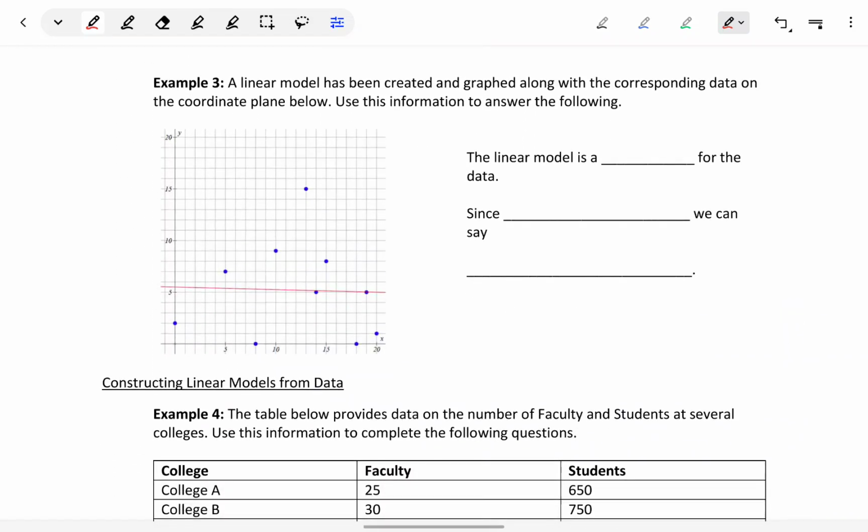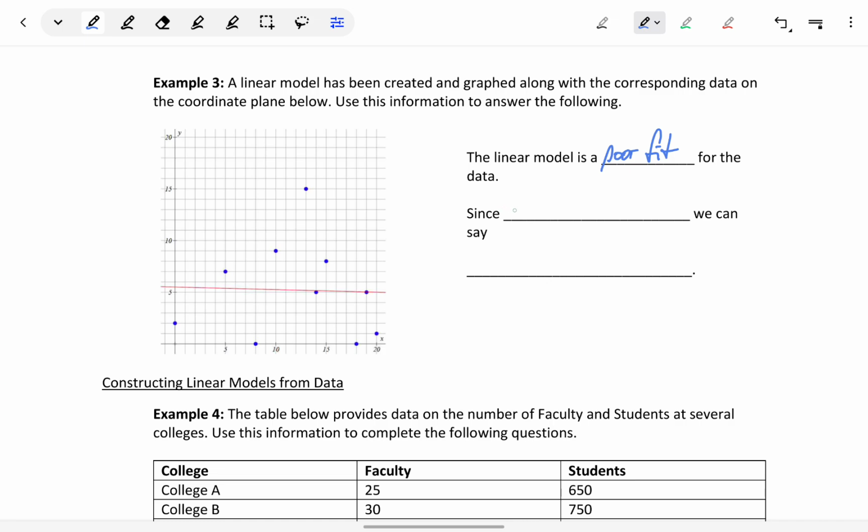And then in example 3, we have a case where the linear model is a poor fit for the data. So a linear model was constructed based off this data, but it doesn't really follow the pattern of the points, or I guess the better way to say it is the points don't really map out a clear pattern. They're sort of scattered around without any obvious relationship.